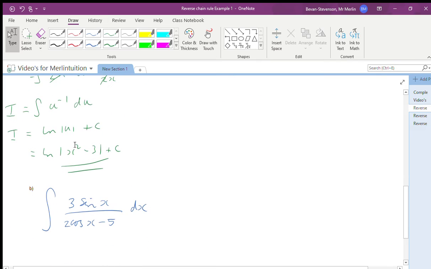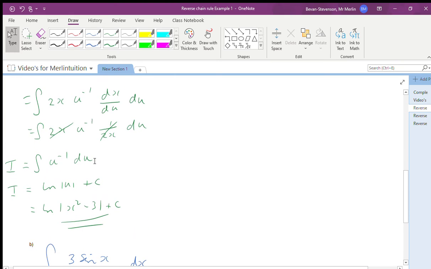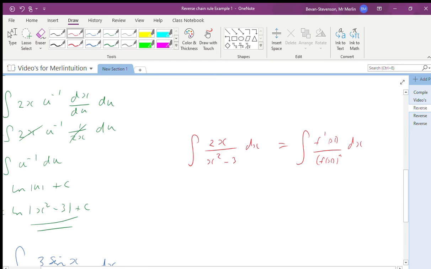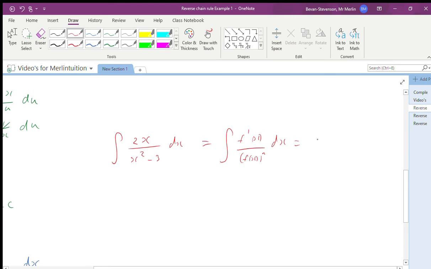And if we were to differentiate this, it would become 1 over x squared minus 3, and then we would times by the differential of x squared minus 3, which is 2x. And so, what the reverse chain rule allows us to do is when we see the integral of 2x over x squared minus 3 dx, we spot that it is in the form f dash of x over f of x to the n, and it's actually in the form f dash of x over f of x, because the n is 1.